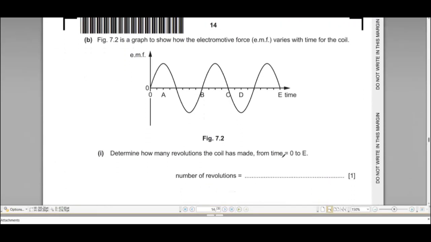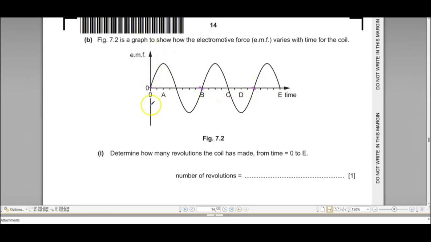Part B. Figure 7.2 is a graph that shows how EMF varies with time for the coil. Determine how many revolutions the coil has made from time 0 to E. So it starts from 0, reaches its maximum point, then goes to 0 again, then reaches its maximum point, and we know that one wavelength is going to be from this point to this point, and then there is another one.